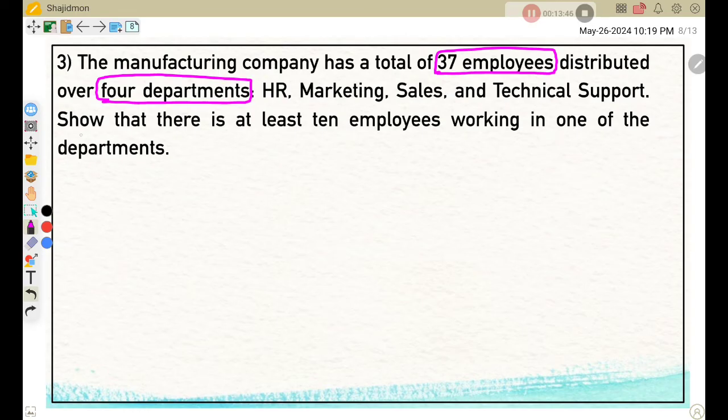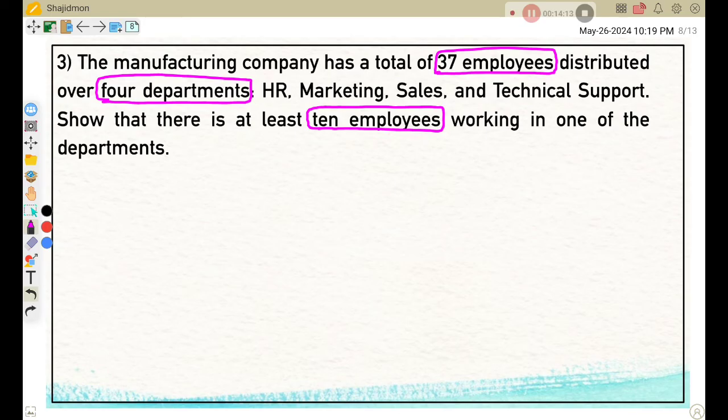We need to show that at least 10 employees are working in one of the departments, either HR or marketing or sales or technical support. At least a minimum of 10 employees will be working in one of the departments. That is what we need to show.